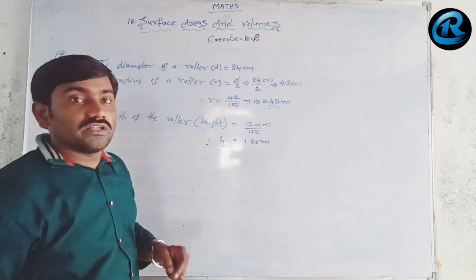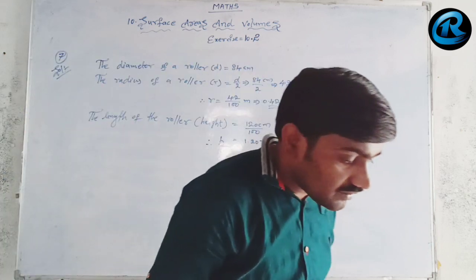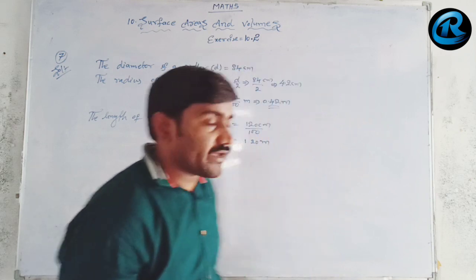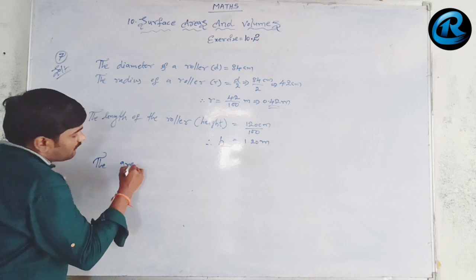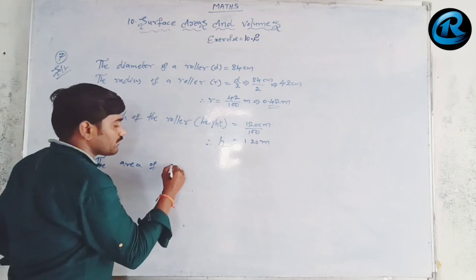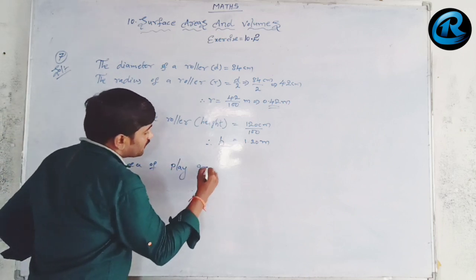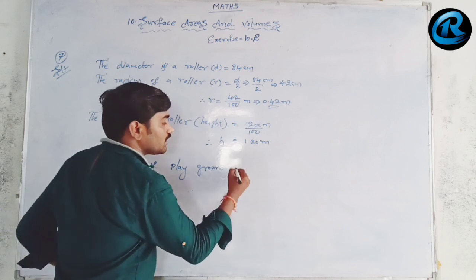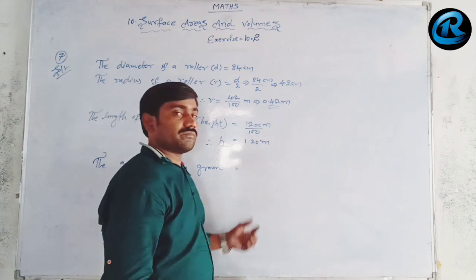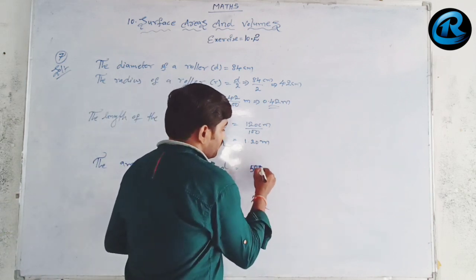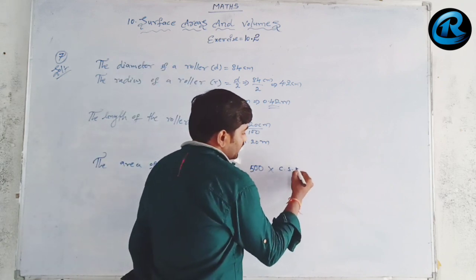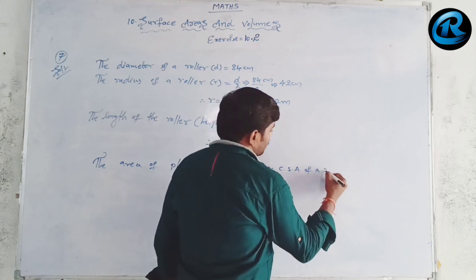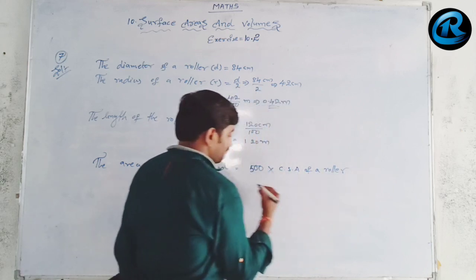So the roller takes how many revolutions here? 500. Now we can find out the area of the playground. The area of the playground equal to 500 into, because 500 times it is rotated, the curved surface area of a roller.